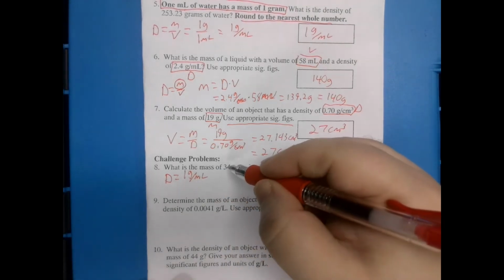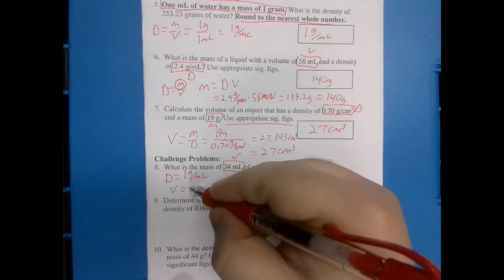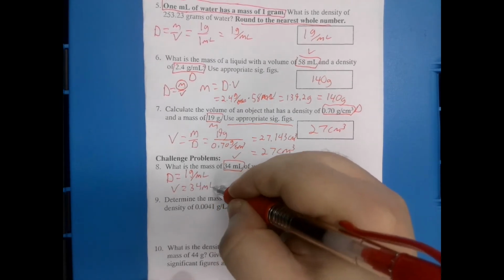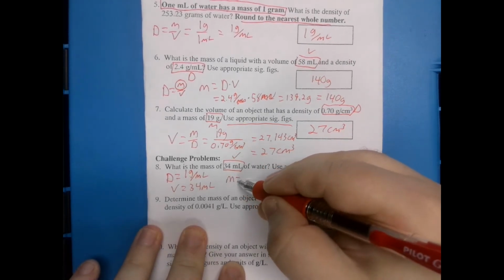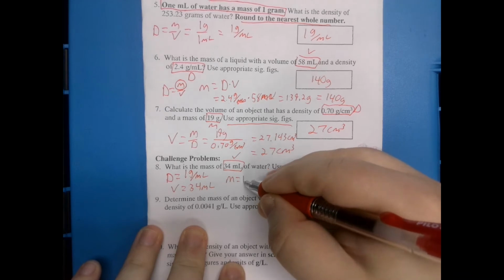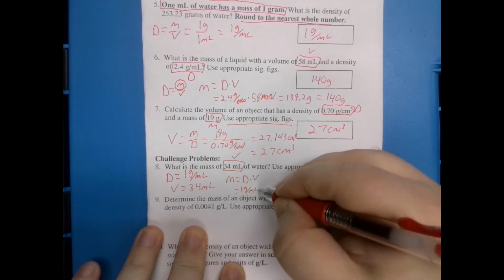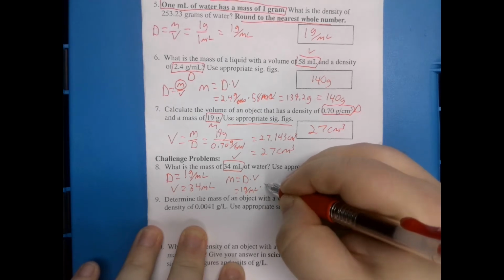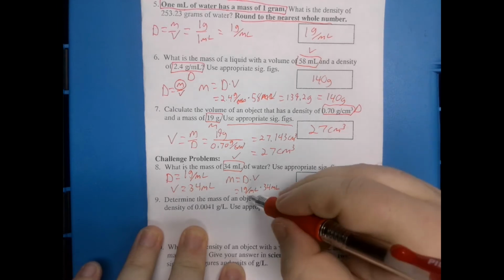And we have a volume of 34 milliliters. And so our mass is equal to density times volume. So that'd be 1 gram per milliliter times 34 milliliters. Milliliters cancel each other out.